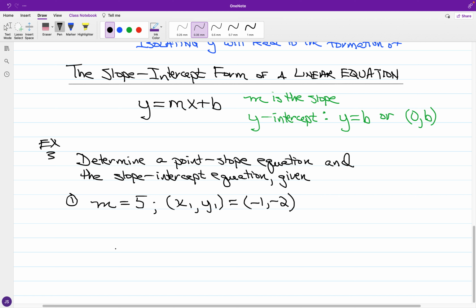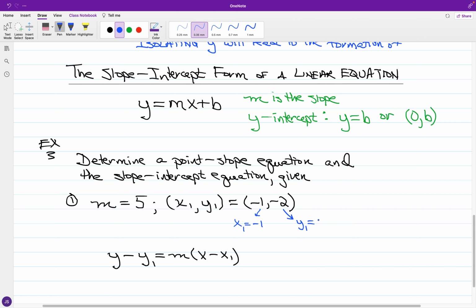Now for setting up the point slope equation, this is our algorithm. Just like when we looked at determination of slope, you want to get the coordinates identified, so you just want the proper substitution. So x1 is equal to -1, with -2 as the second coordinate.